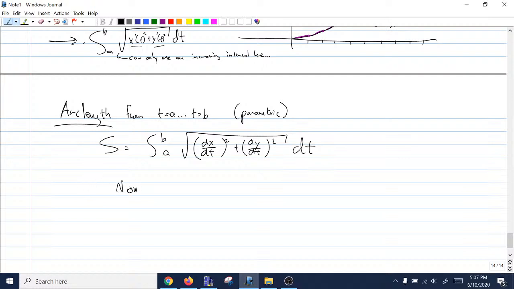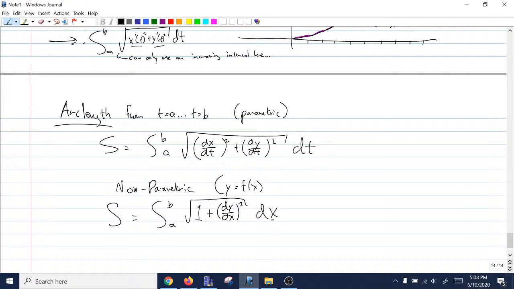Non-parametric, if y is a function of x, the arc length is the integral from a to b of the square root of 1 plus dy dx squared. dx dt is just 1 now, and dy dt becomes dy dx. These are basically two versions of the same formula. It's just when x is t, that becomes 1, and dy dt becomes dy dx. Let's try it out.